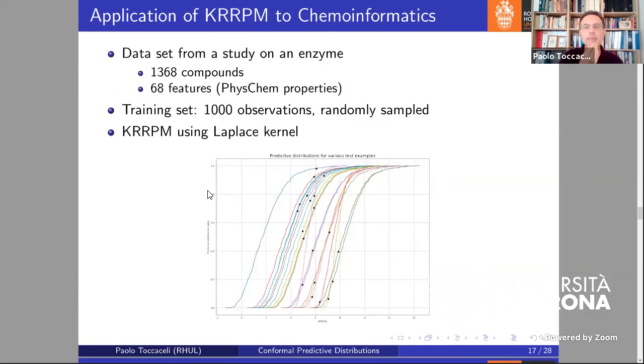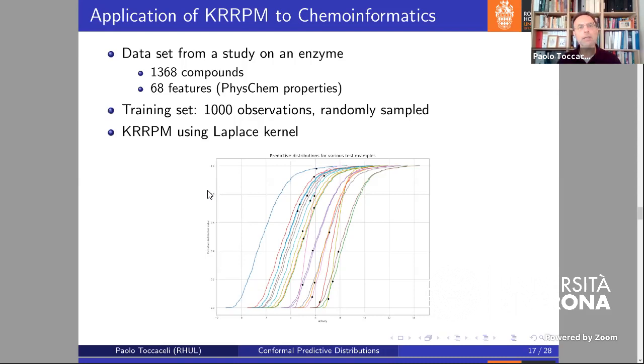So let's now take a look at what KRRPM as a form of predictive distribution can give you. I'm taking this example from a study that was part of a collaboration with a major pharmaceutical company, where we were trying to predict the biological activity of a number of compounds on a specific enzyme of interest.